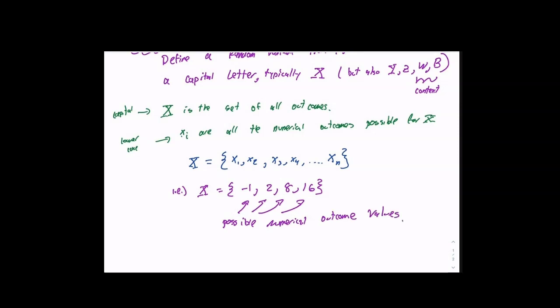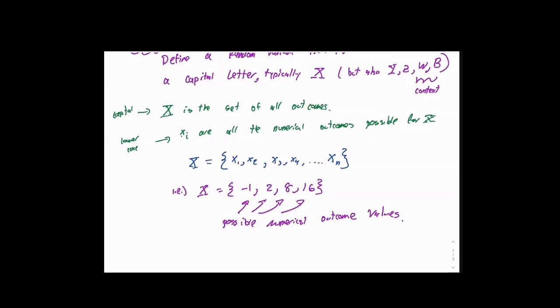So those are the outcomes. For example, you're playing a game. Let's say you're gambling with money, right? And your outcomes are that you could lose $1, you can win $2, you can win $8, you can win $16. We'll talk a lot about some of these gamblings.